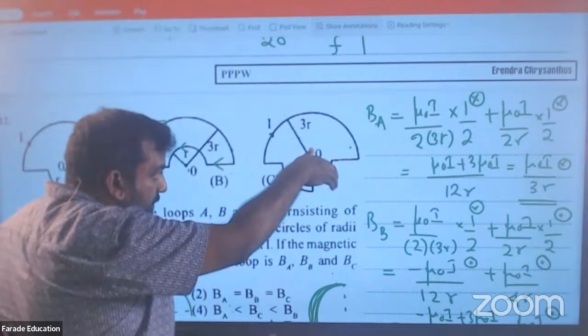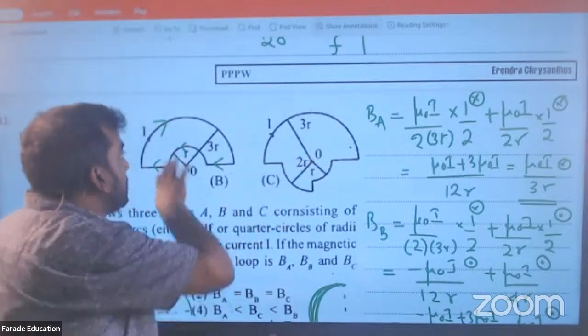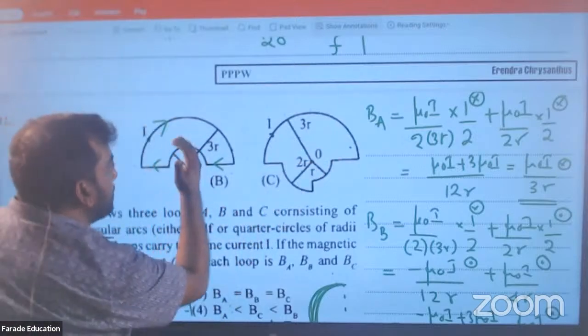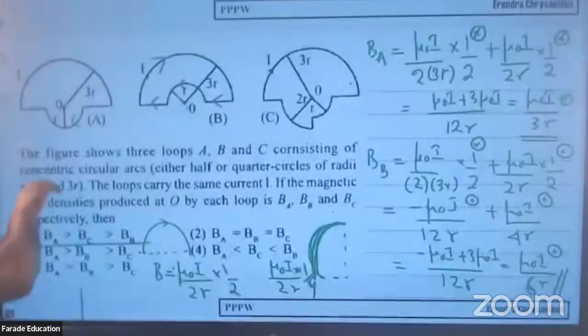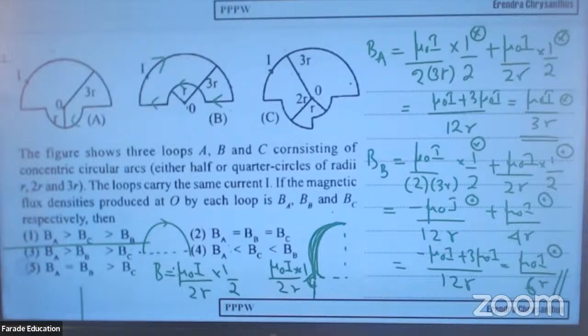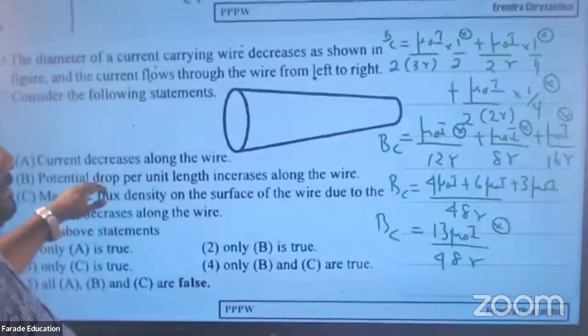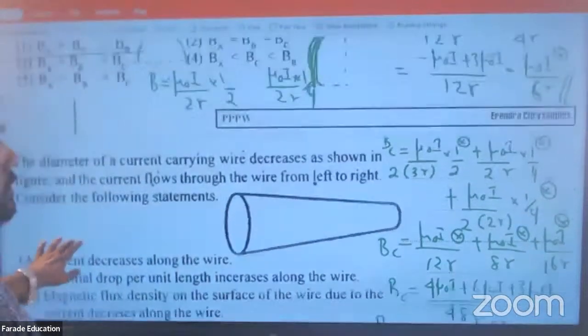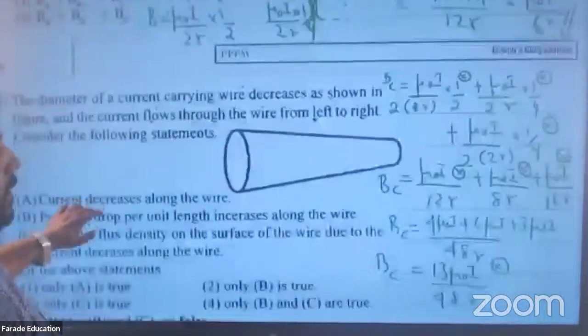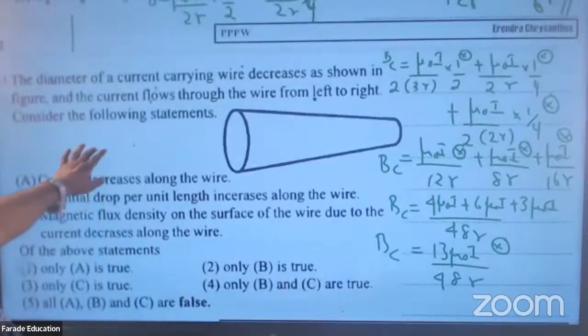Here inwards, here inwards, here inwards. Here outer one inwards, inner one outwards. Subtract. Both are inwards. Simplifying this, we can get the required answer. This is taught under Biot-Savart theorem.